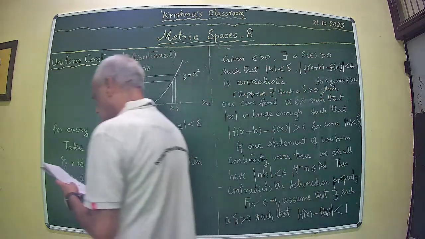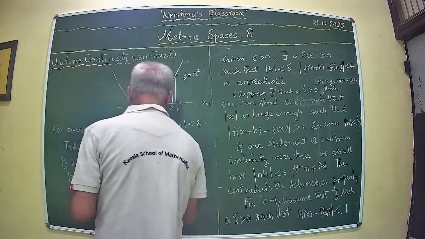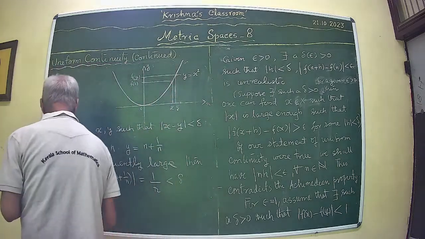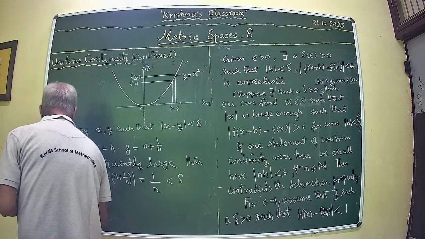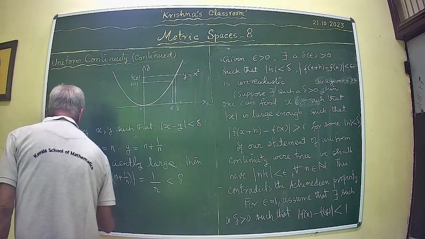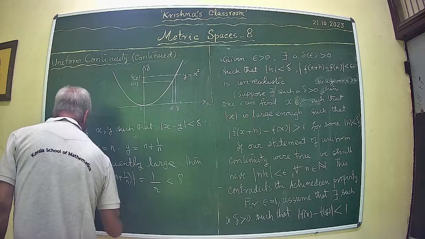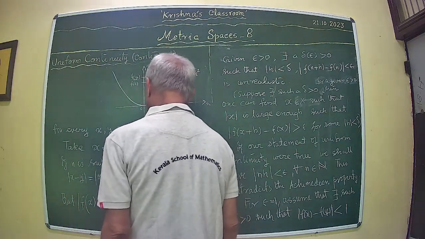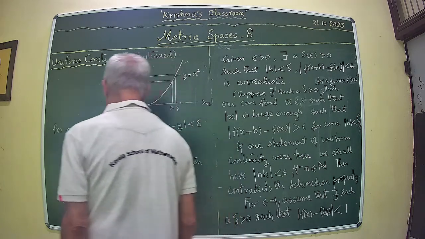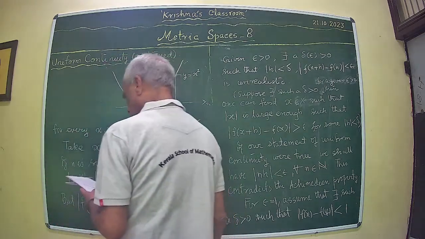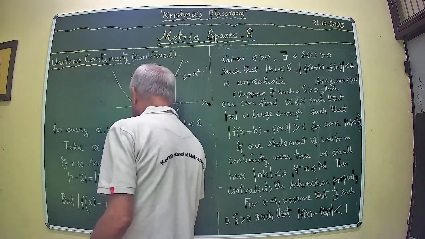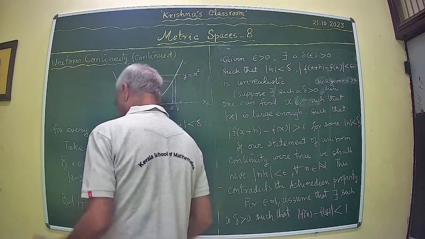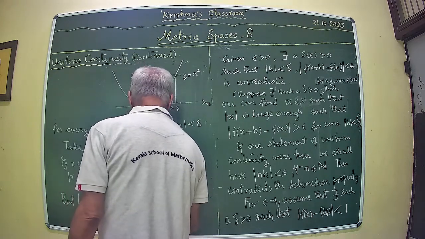Then what happens to the corresponding values? We get equal to 2 plus 1 by n whole square, and this is greater than or equal to 2.